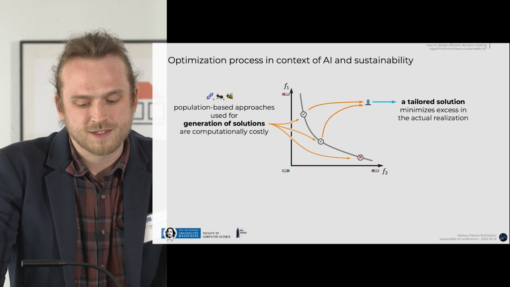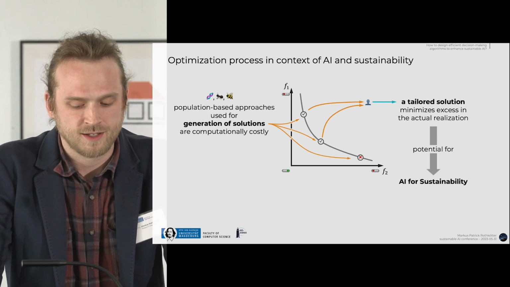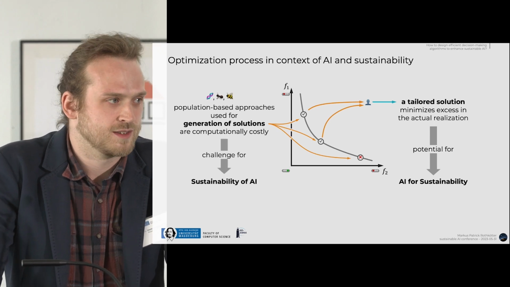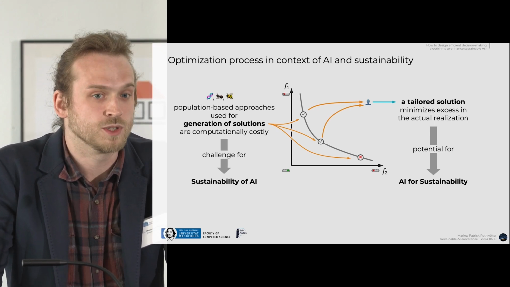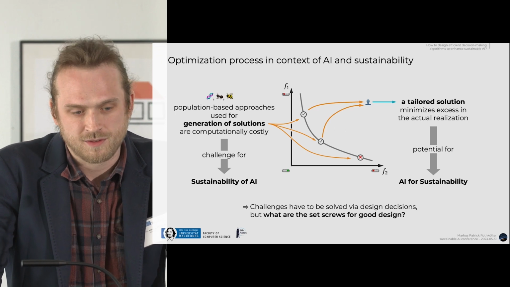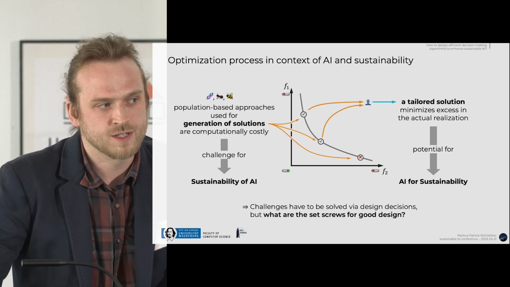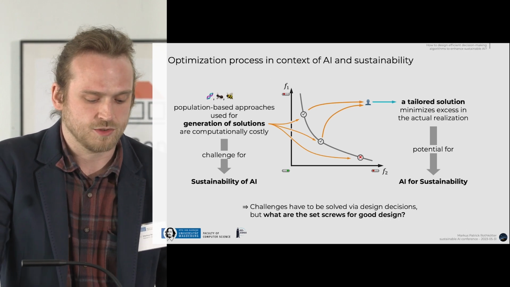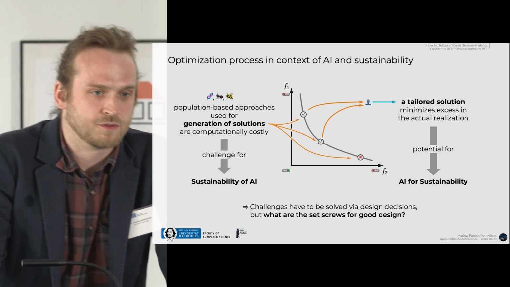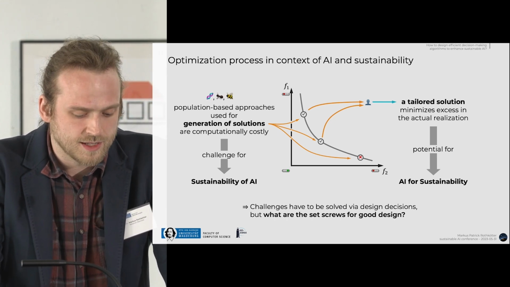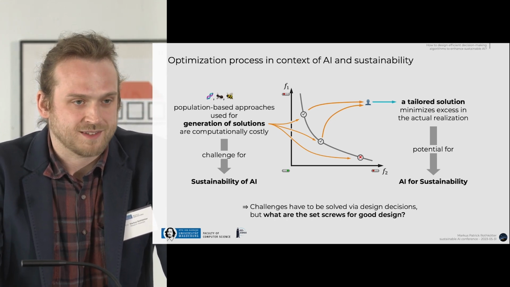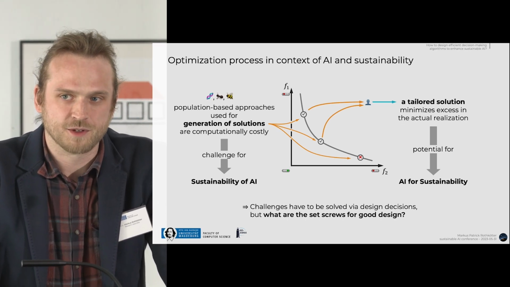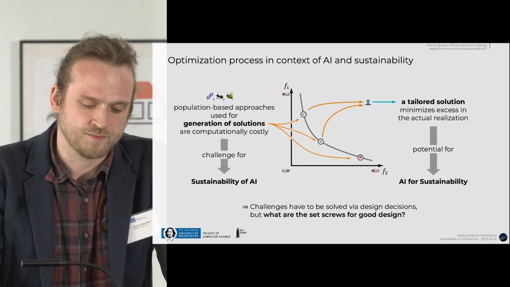And this means we have a potential for applying AI for sustainability, but there's a huge challenge in sustainability of AI when we generate this solution. So we have to come up with reasonable design decisions that allow us to generate good design of AI algorithms. But what are the set screws concerning this type of AI, multi-objective optimization?